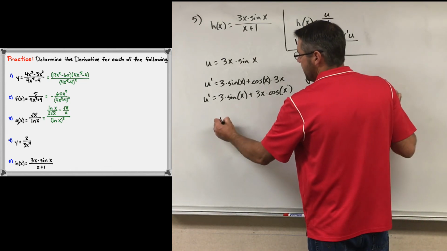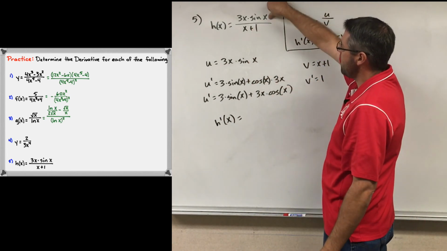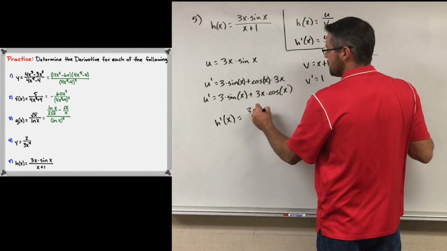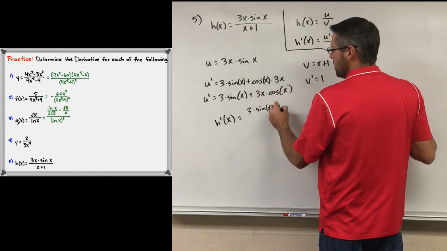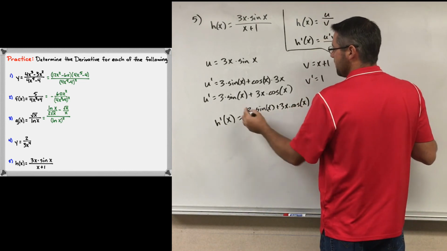So h prime of x, remember quotient rule. What's the derivative of the top thing? Well, this is the derivative of the top thing. So 3 times sine of x plus 3x times cosine of x. That's the derivative of the top.